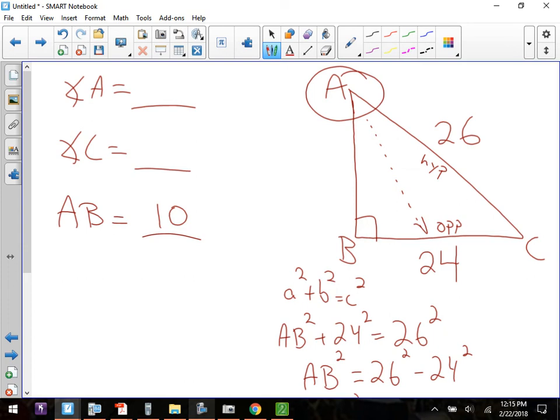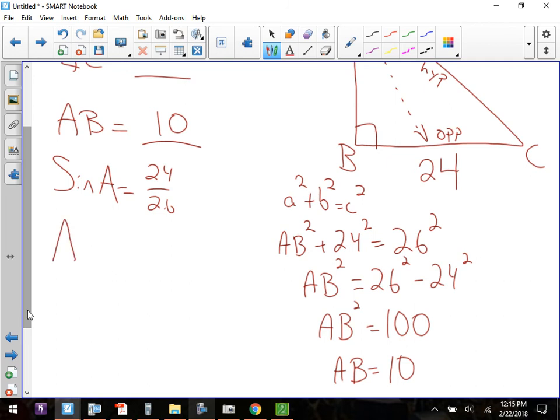So we use sine. So I know that the sine of angle A would equal 24 over 26. Just like before, how do you get the A by itself? The inverse, very good. We use the inverse of the trig function.